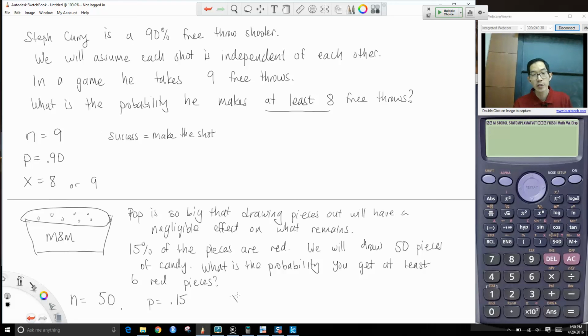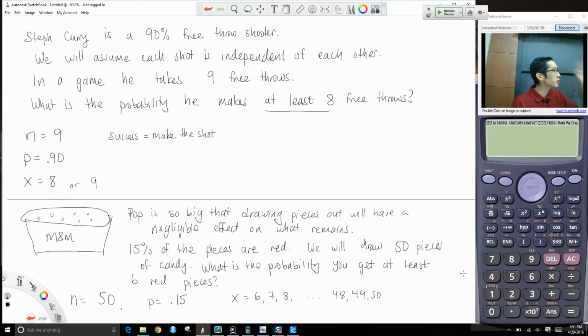And then X, we are interested in getting 6 or more. So this is going to be 6 red pieces, 7 red pieces, 8 red pieces, all the way up to, we can potentially get 48, 49, or 50 red pieces of candy, right? It's very unlikely, but it is technically possible that every time we randomly draw a piece of candy out, we happen to get a red piece, okay? Getting 50 out of 50 red pieces will be incredibly unlikely, but we have that, okay?